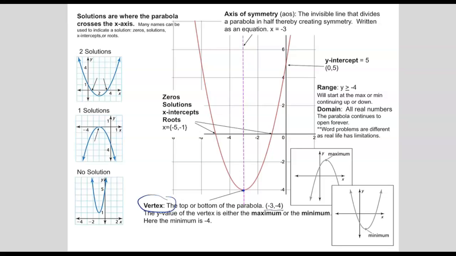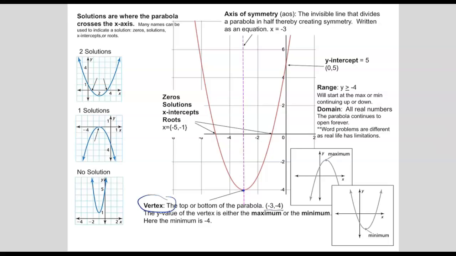So it's about how high or how low your graph is going to be when you put it on your graph. Now, let's go ahead and switch over to domain and range real quick so that makes a little bit more sense. The range of a parabola starts at its maximum or minimum, and then it goes forever in whichever direction it's opening. So if you think about a parabola, it always is drawn like a line with arrows on the end. And as it's a U, it's going to continue to grow and continue to move in that direction.